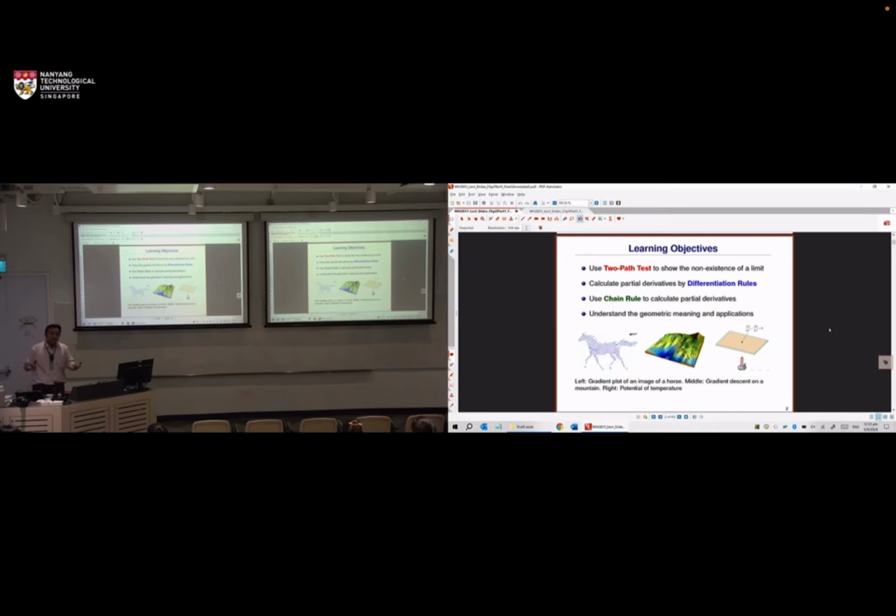In the real world, it's usually multi-variable. And then, of course, with any calculus, we have to develop the chain rule for partial derivative. And then I will go into some geometric meaning and applications. It's very abstract. I spend a lot of time to explain all this geometric but I think we try our best.